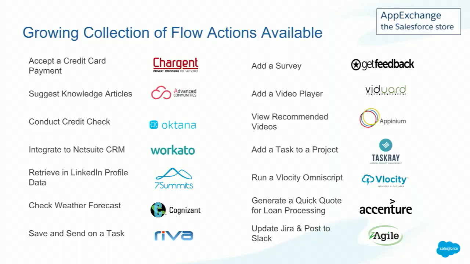I only have time to show you a few, but here's a list of the inaugural set of actions and components that are available at no charge to be installed today into Flow. These are all official. Everything on AppExchange goes through security review. Let's take a look at a couple of these examples.